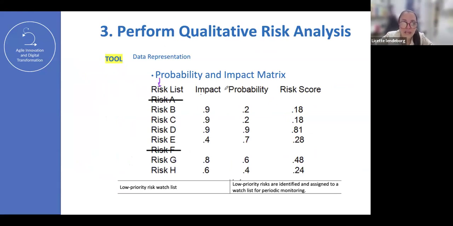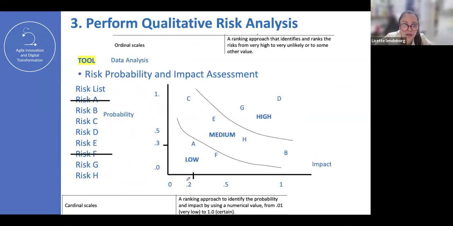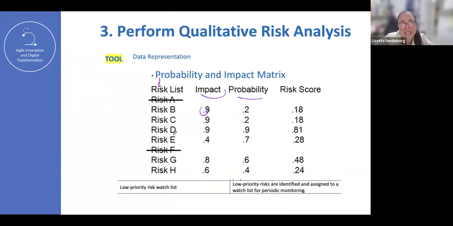Now that you have the impact and the probability, these numbers come from here: 0.9, 0.2 are from these values here. Just track the numbers and put them in a list: A, B, C, D, E, F, G, H, with the impact and probability. Now you can multiply impact by probability and you're going to get the risk score.